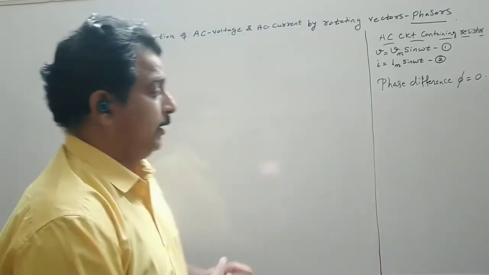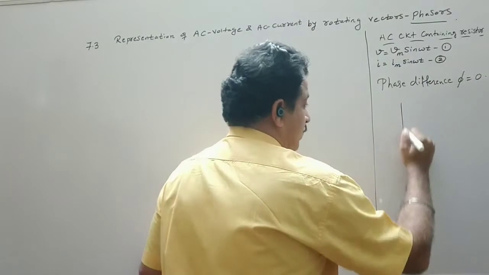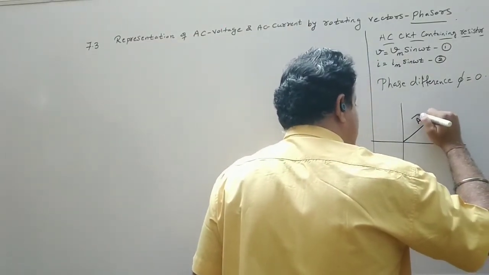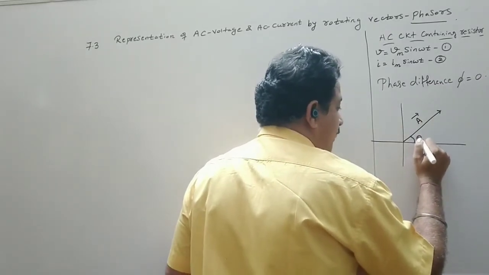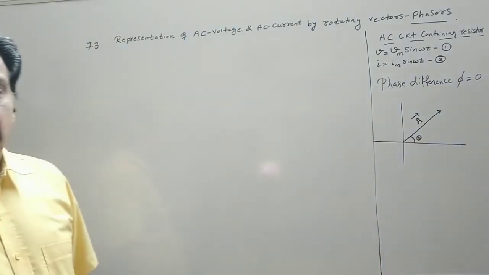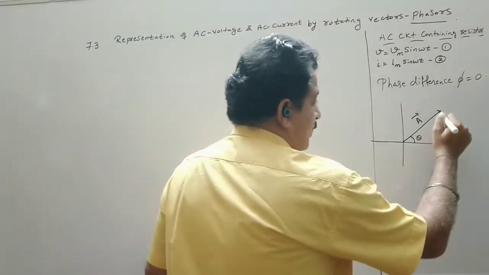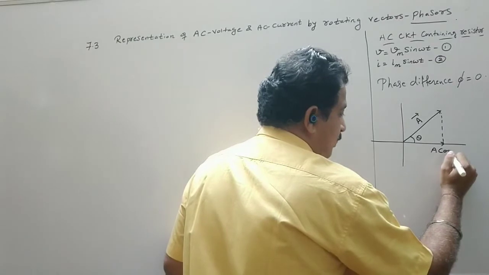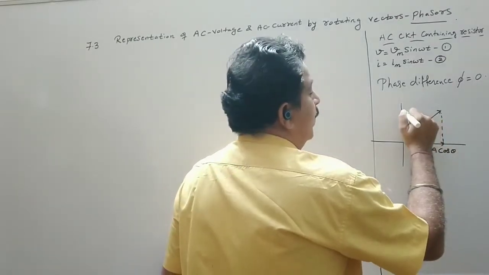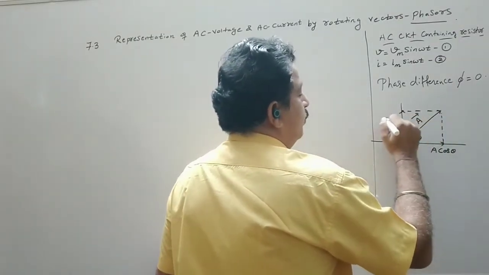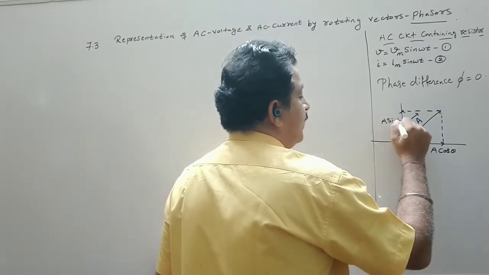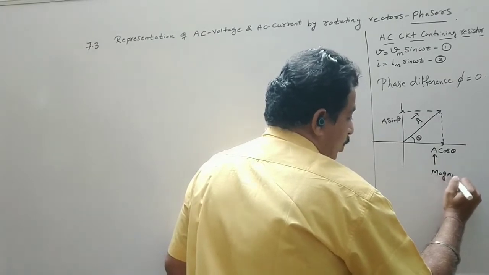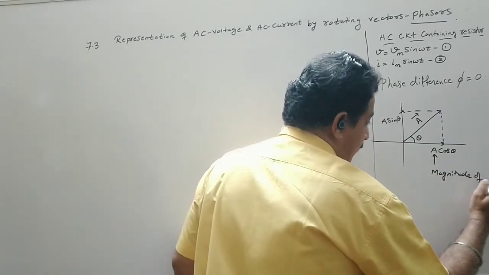So like in 11th, suppose we take a vector A. So this was vector A, and suppose it makes an angle theta. Now we resolve this vector into the two components, and this one component was referred as A cos theta and the vertical component was referred as A sin theta, where A was the magnitude of A vector.